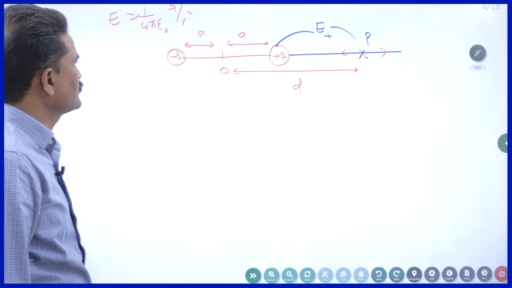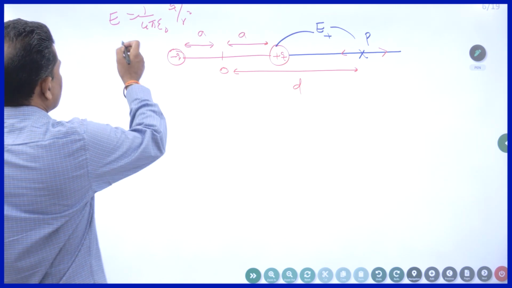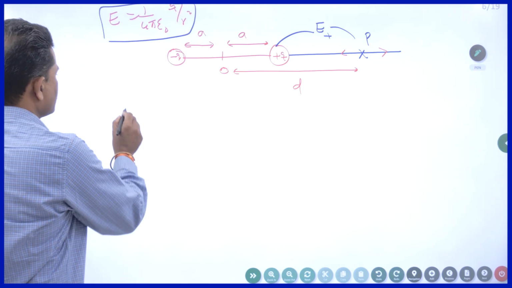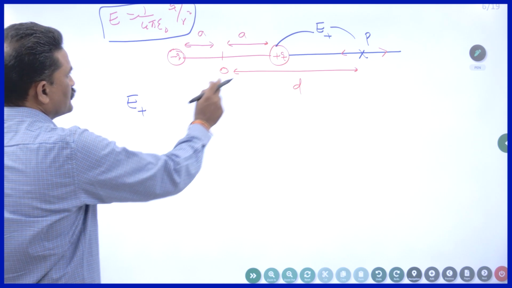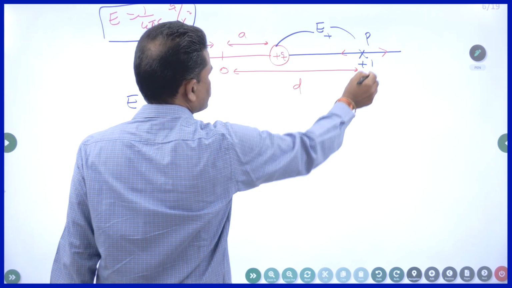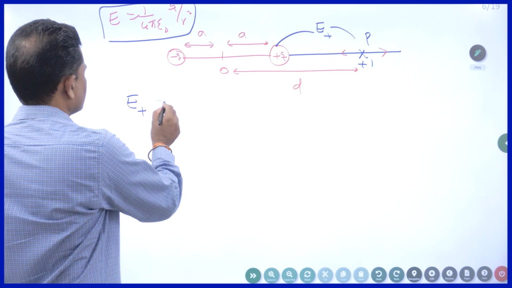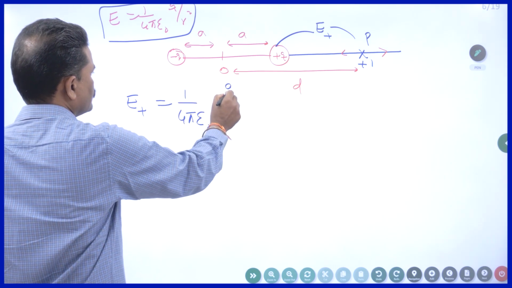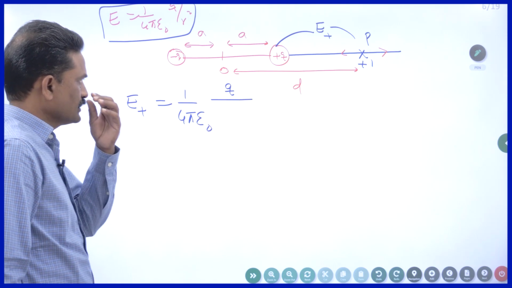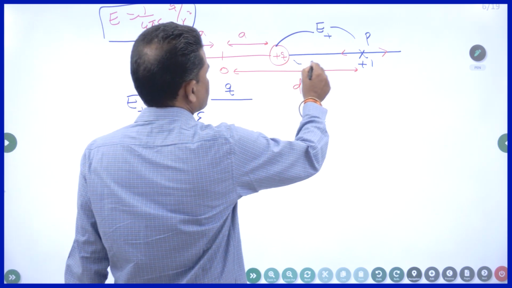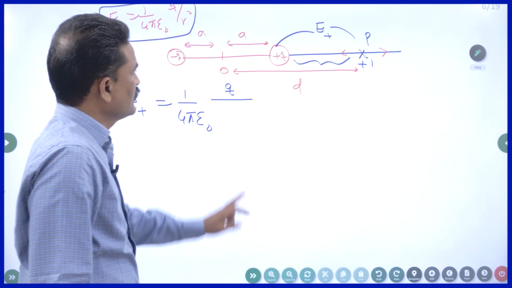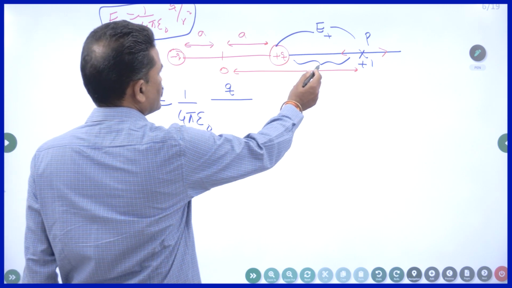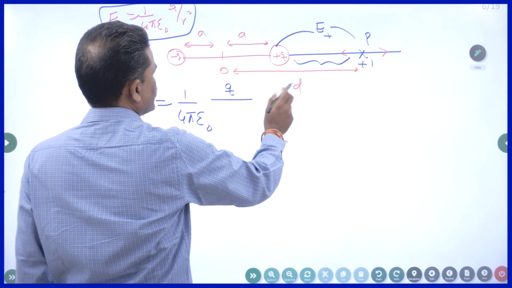Is this clear? Now, the formula is E equals 1 by 4 pi epsilon naught q by r square. First let us write E plus, which is due to the positive charge. That is equal to 1 by 4 pi epsilon naught, q by distance square. What is the distance? I don't have a parameter to measure it directly, so indirectly this distance r is equal to d minus a.